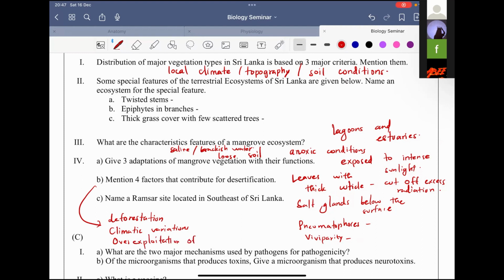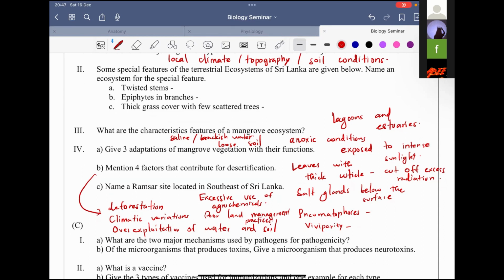If you use too much, then it will lead to desertification. Then excessive use of agrochemicals. Also, poor land management practices. Okay, so these are the factors that contribute to desertification.